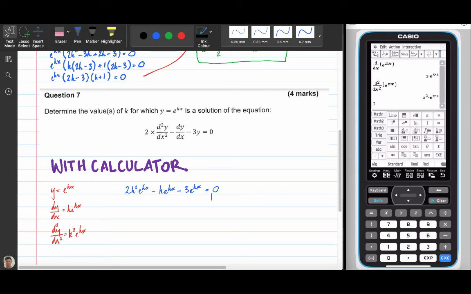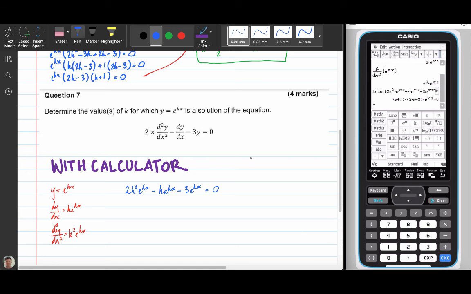We have 2k squared e to the kx minus k e to the kx minus 3e to the kx equals 0. Now from here, where this gets a little bit interesting is that in the calculator, I can go, well, it's 2 times the second derivative, minus the first derivative, minus 3 times the regular function. So we have e to the zx. Now from there, that has to equal 0. What we can then do is go interactive, transformation, factor, and it gives us the fully factorized form.